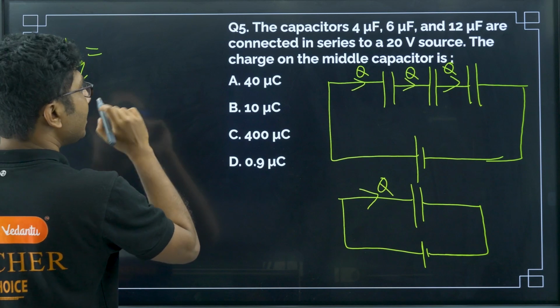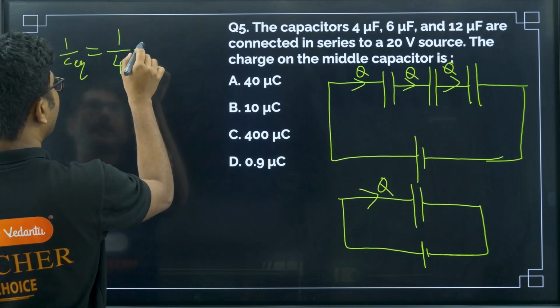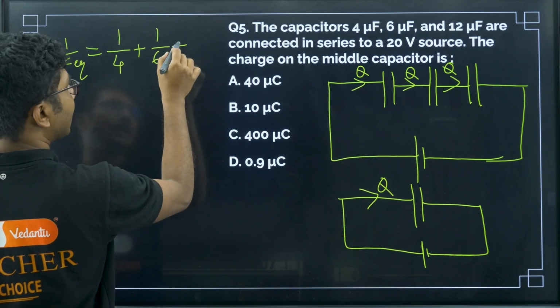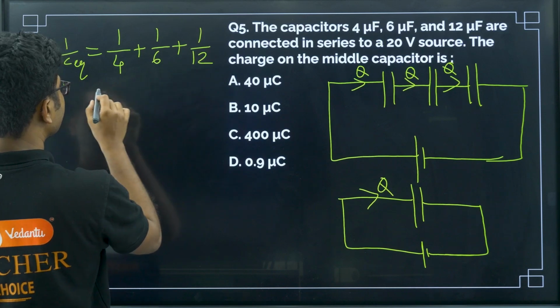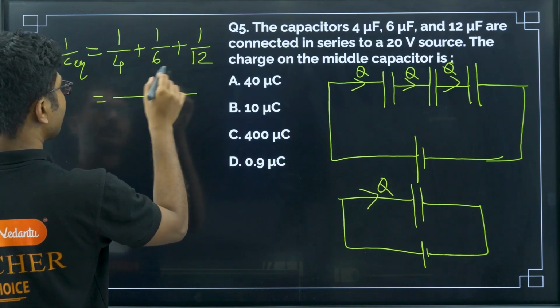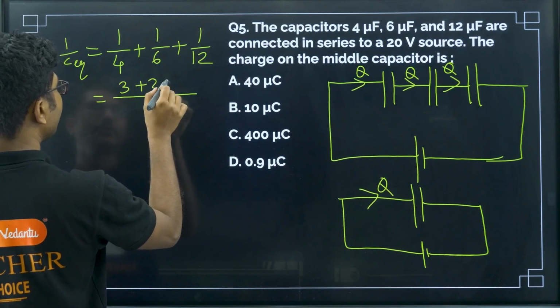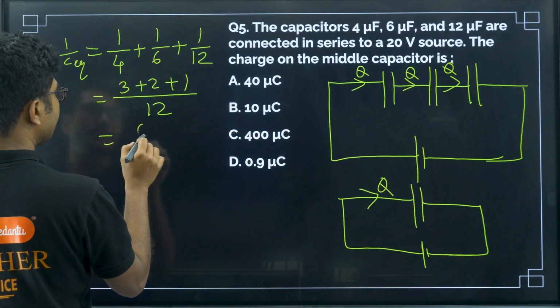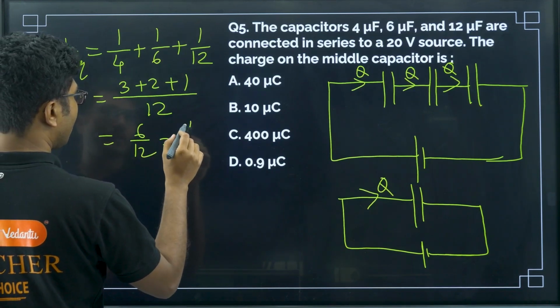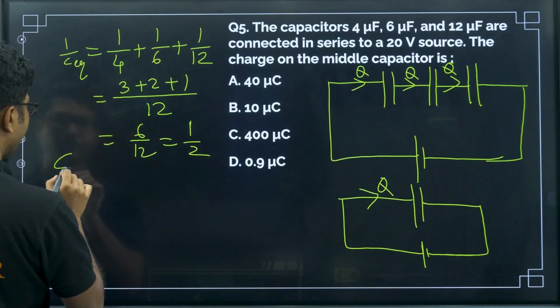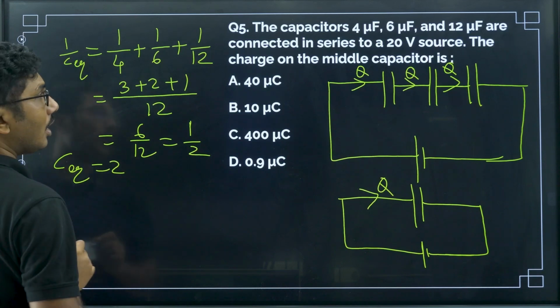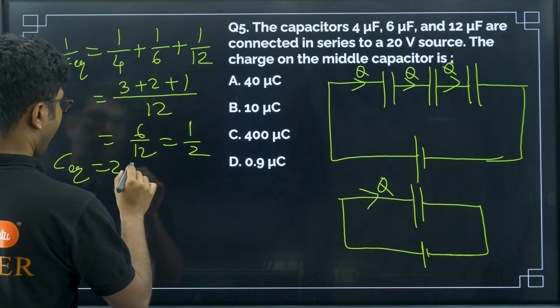So it will be 1 by 4 plus 1 by 6 plus 1 by 12. LCM is 12, so it will be 3 plus 2 plus 1, so it will be 6 by 12, so it will be 1 by 2. So C equivalent is 2 microfarad.